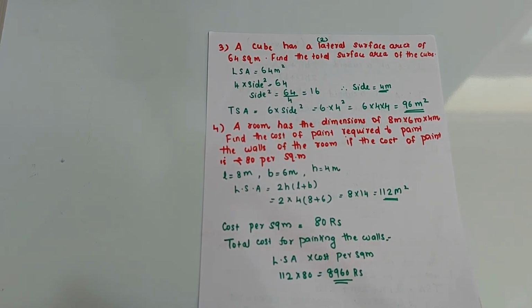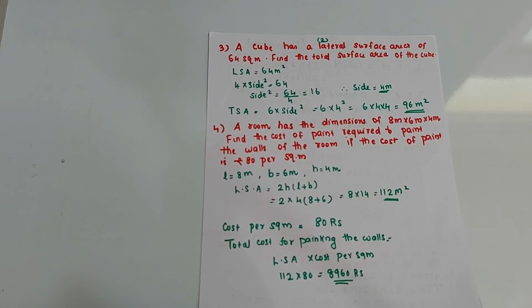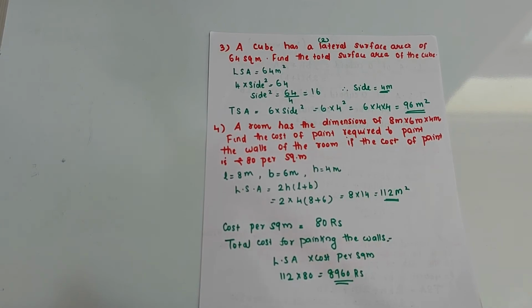You use the formula: lateral surface area of the cuboid is equal to 2H into (L plus B). Here L is 8 meter, B is 6 meter, H is equal to 4 meter. You substitute, you will get 8 into 14, which is equal to 112 meter square. So lateral surface area equal to 112 meter square. Here the cost per square meter is rupees 80. So to get total cost, you multiply lateral surface area into cost per square meter. It's equal to 112 into 80, which is equal to 8,960 rupees.